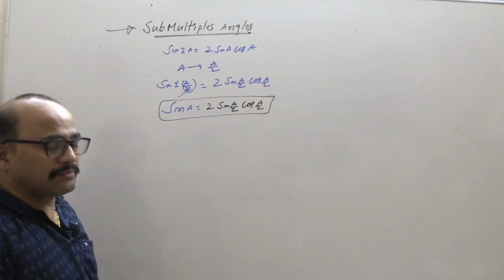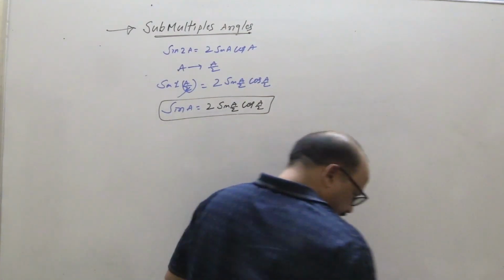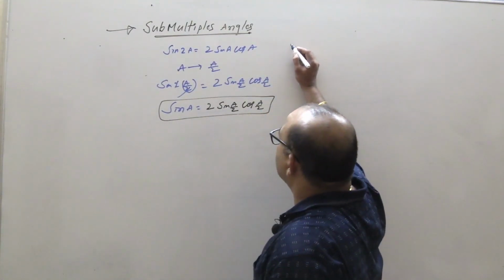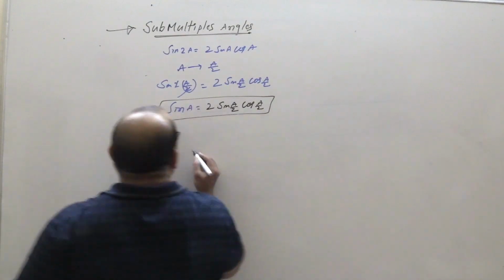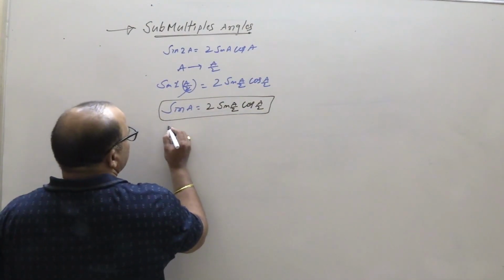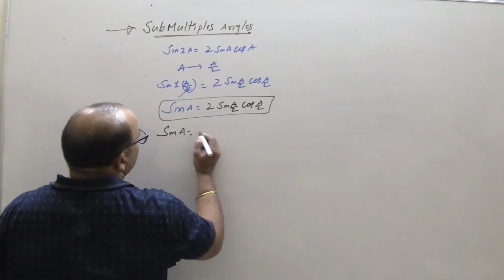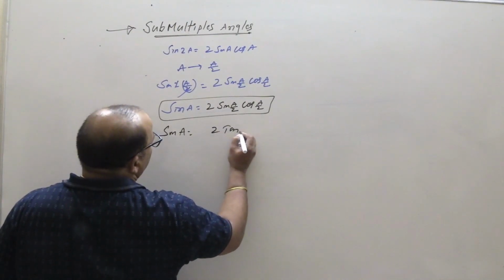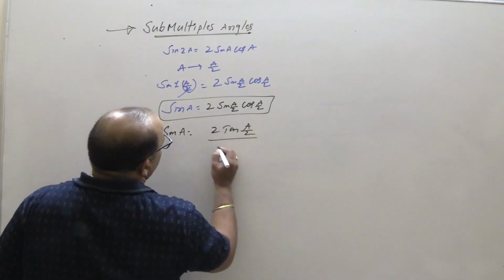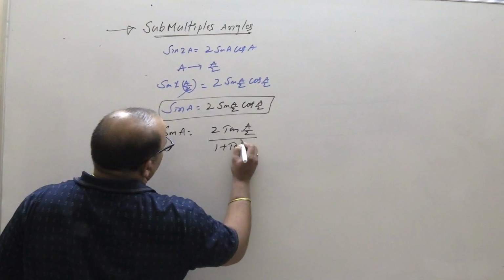Same story. Next, sin A is also there in terms of tan. Exclusively in terms of tan: 2 tan A by 2 by 1 plus tan square A by 2.